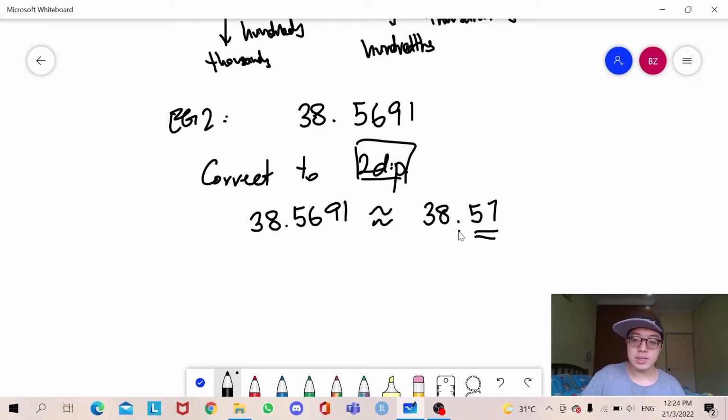And why is it 7? It's because 9 is larger than 5, so we add 1 to the second digit. I believe you already know all these.